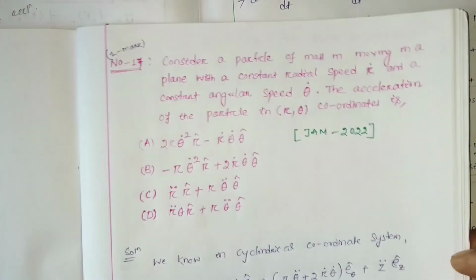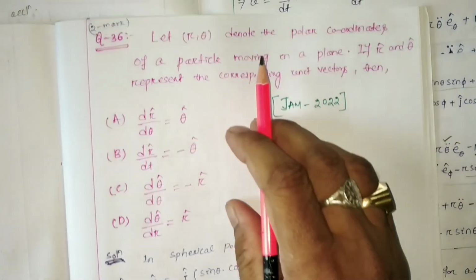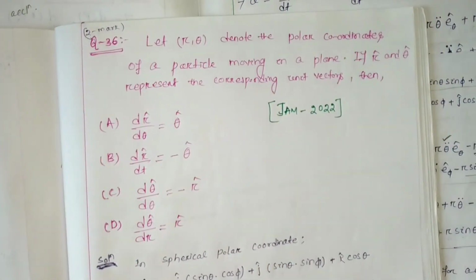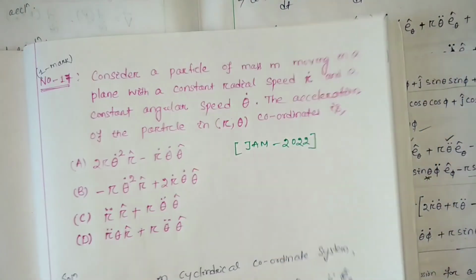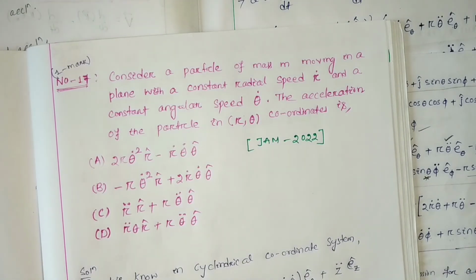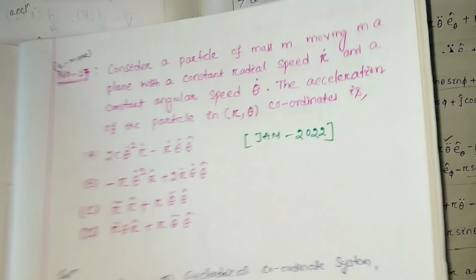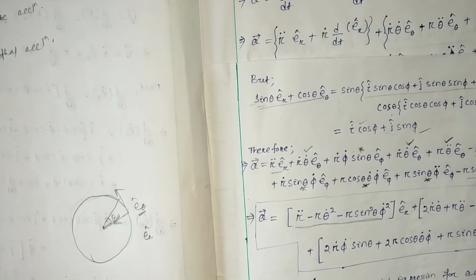This is one question asked in 2022, this is another question from 2022, and another question from 2021. These three questions we are going to discuss, which represent the importance of velocity and acceleration in the cylindrical and spherical polar coordinate system.